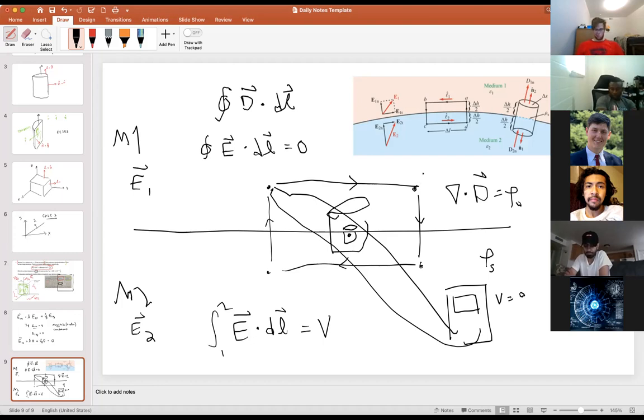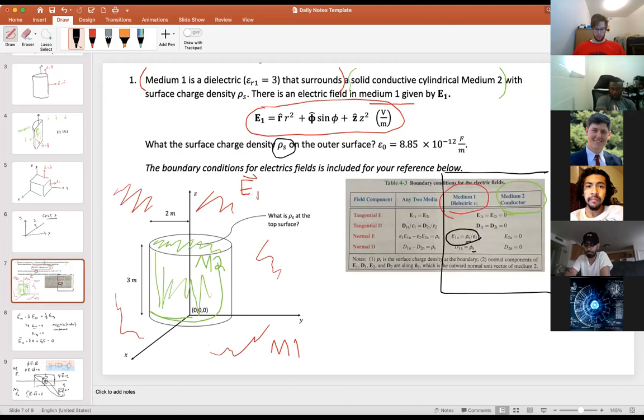So that's a bird's eye view of where these boundary conditions come from. They come from looking at a surface between two media and considering the potential and the divergence of the fields at that surface. And that's how everything in this table came to be. Any other questions?